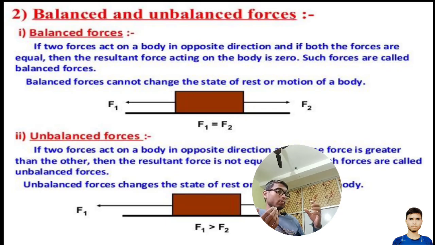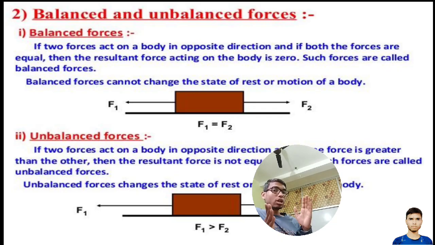Now there is an object which is in between. On both sides there are two persons, and each is applying a force. On one side a person is applying a force of 20 newton. Same on the other side, a person is applying a force of 20 newton.